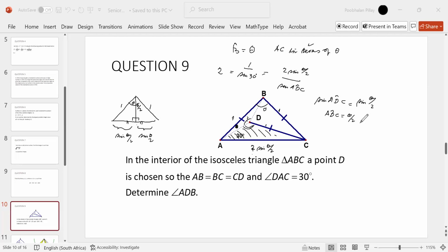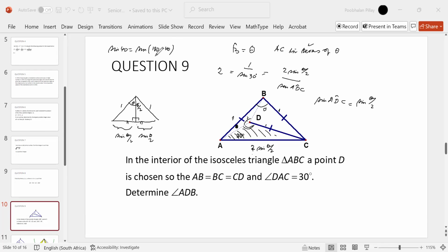And the reason why this is wrong is that ADC is not theta over 2. It's actually 180 minus theta over 2. The sine of an angle, you see, sine 40 is equal to sine of angle 180 minus 40.